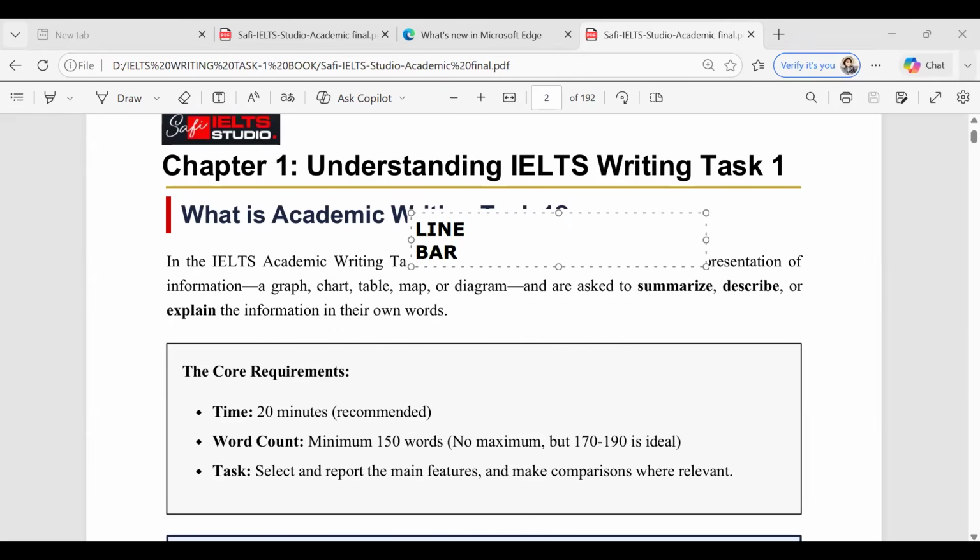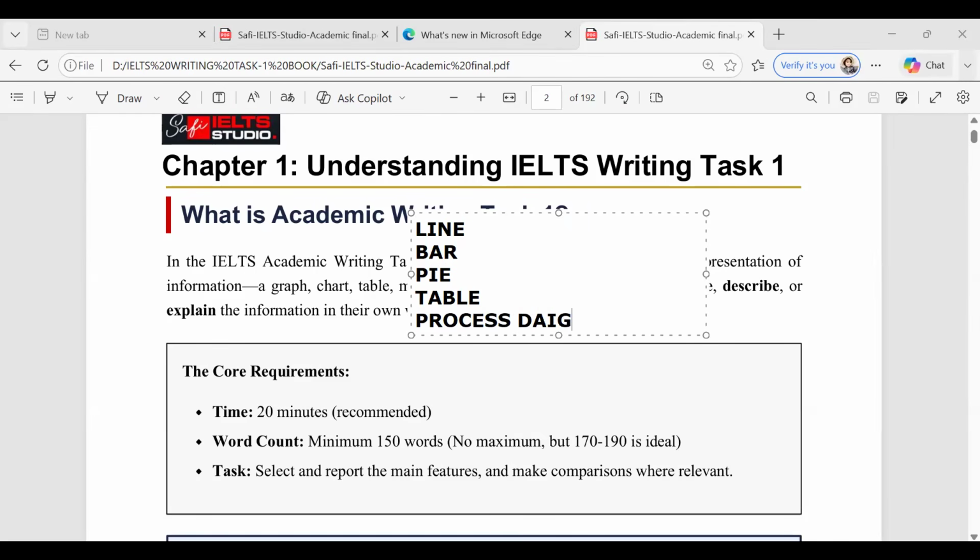We will study pie charts and table. You may expect a process diagram. There can be a map, or you may have multiple charts.